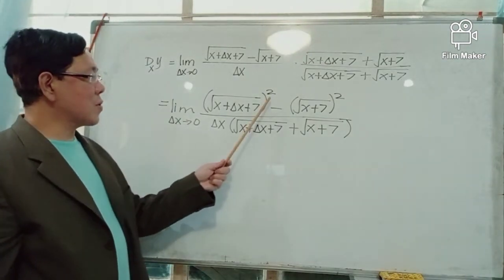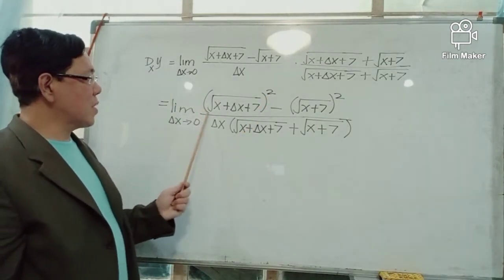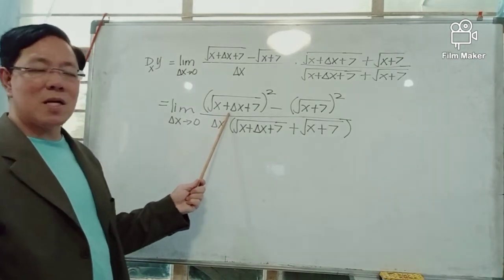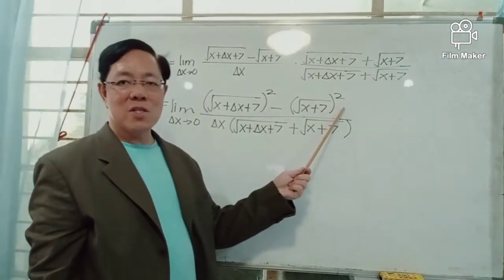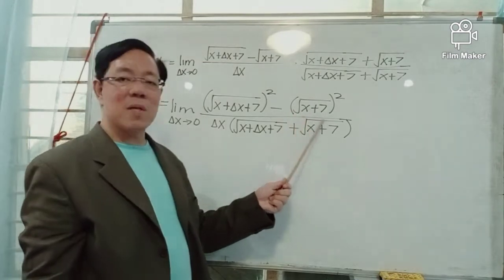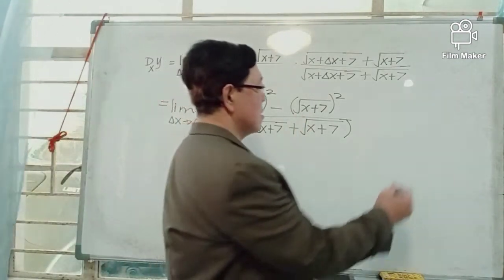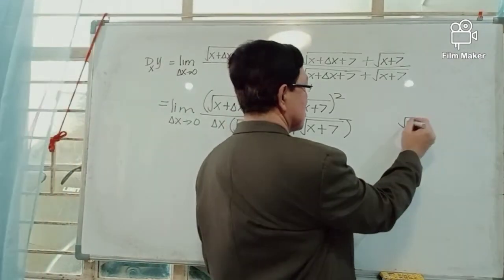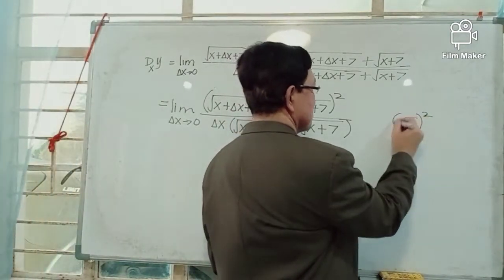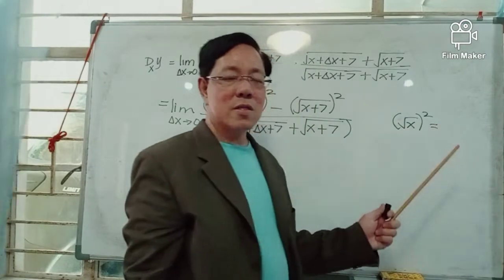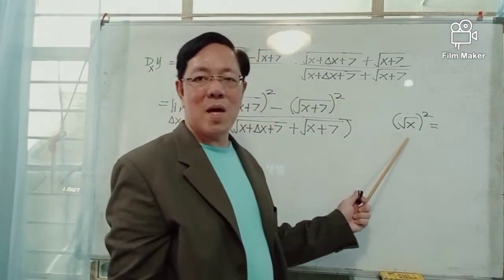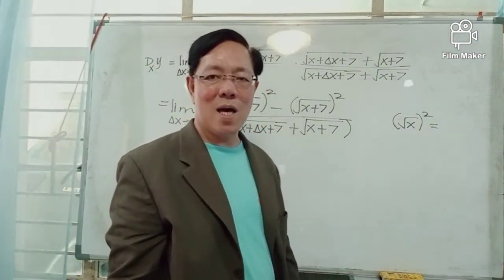In the numerator, for the square of the root of x plus delta x plus 7, and for the square of the root of x plus 7, we apply the property of radicals that says the square of the square root of x simplifies to x.